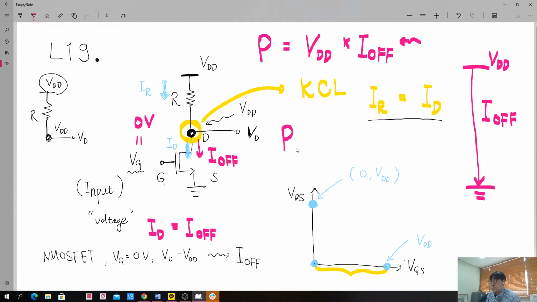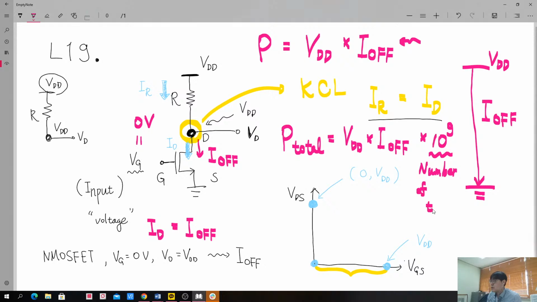The power dissipated by the total system will be VDD times Ioff, a quite small number, but multiplied by 10 to the 9, the number of transistors. Although this number is so small, the multiplication factor is so drastic.